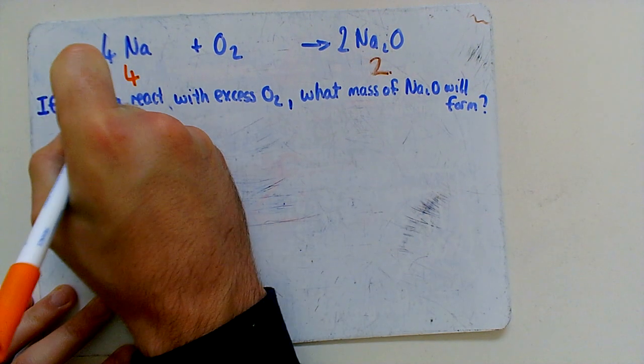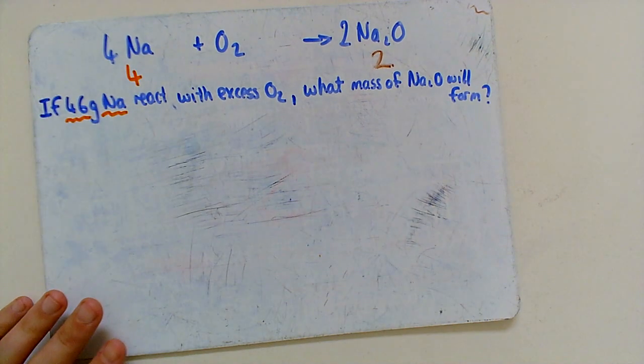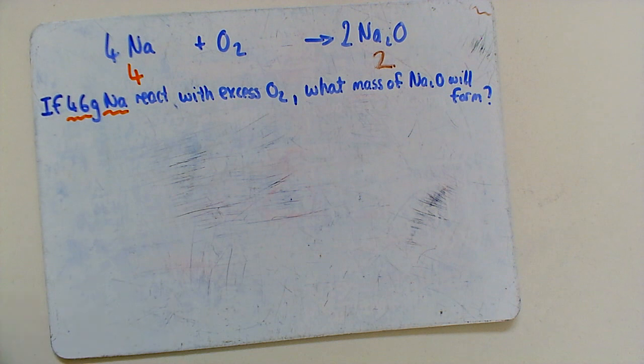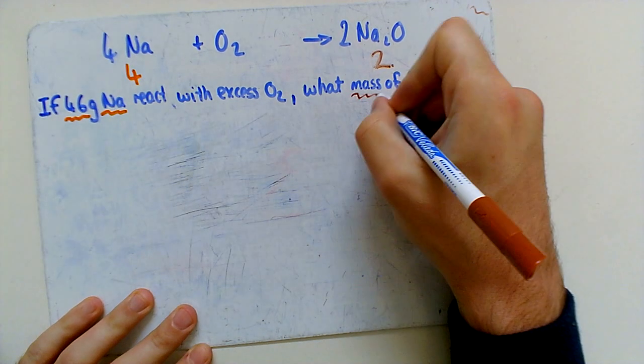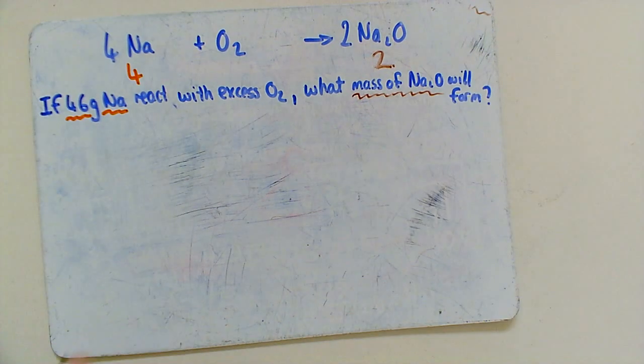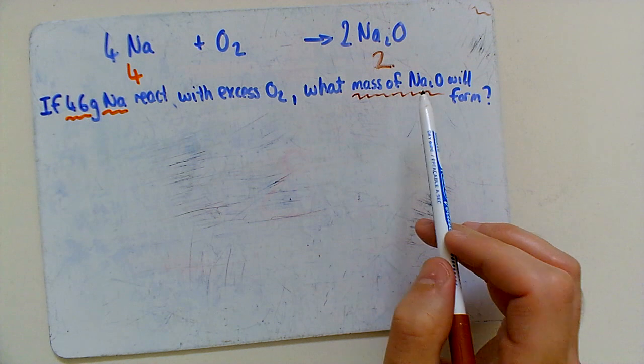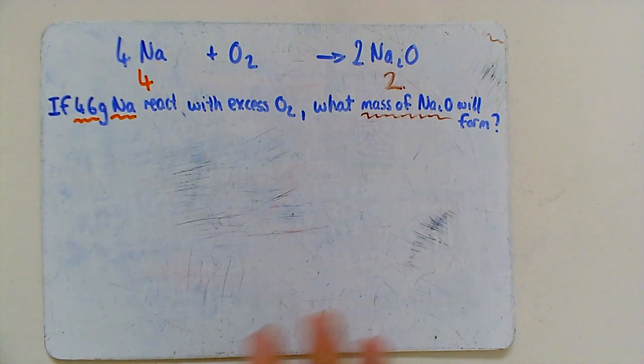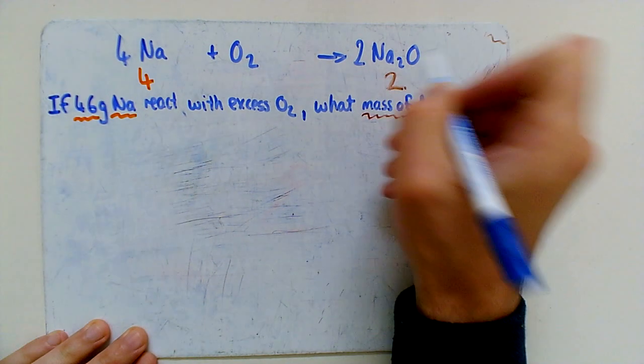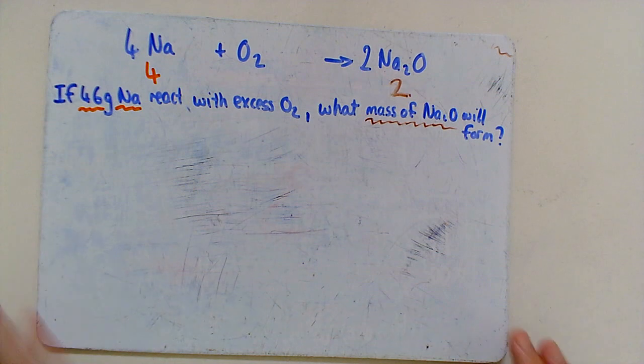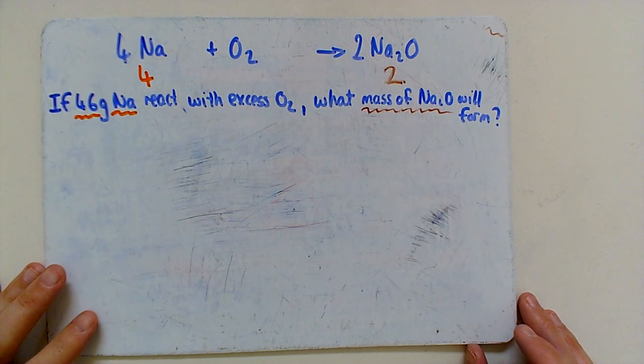Now we have 46 grams of sodium, and we are then asked about the mass of sodium oxide. So we started with a mass, but we need to use moles in order for them to talk to one another.